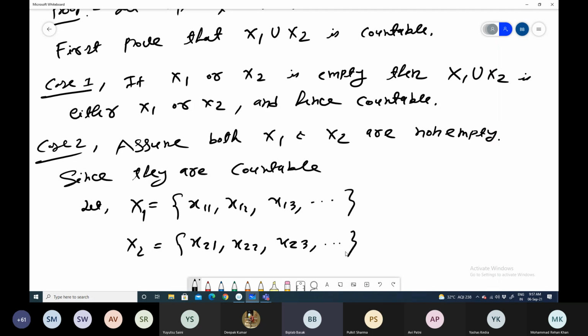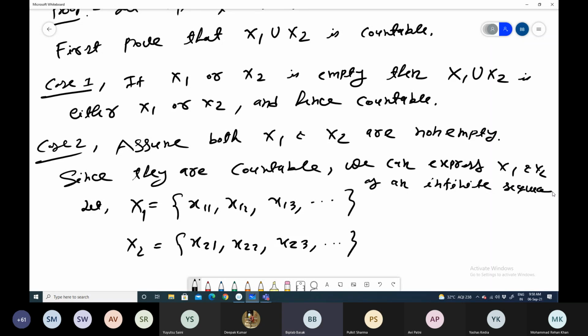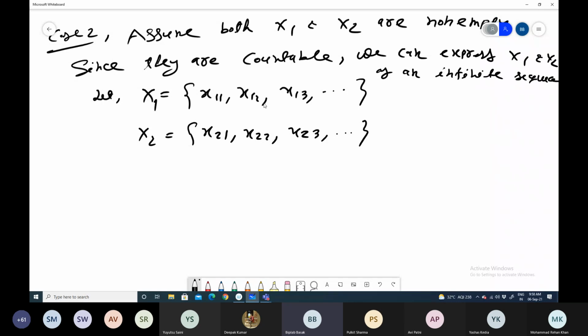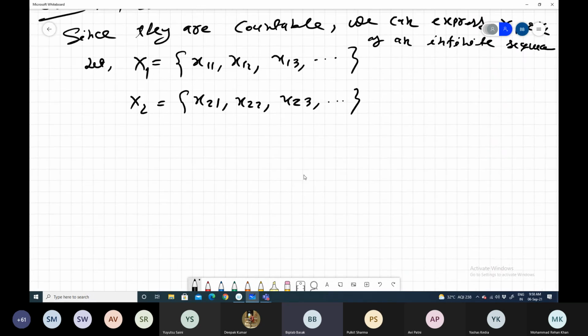Since they are countable, we can express x1 and x2 as an infinite sequence. Remember that the terms can be repeated. We are not saying that all the terms are different. Some terms may be the same.